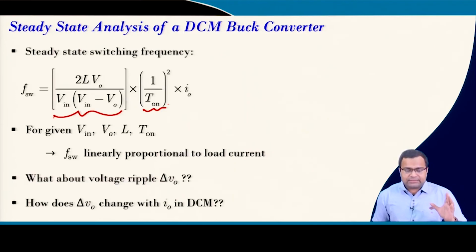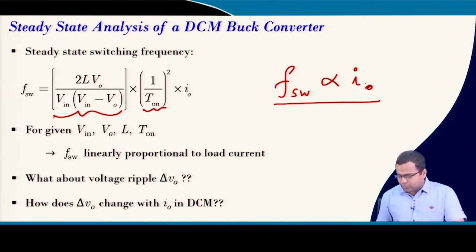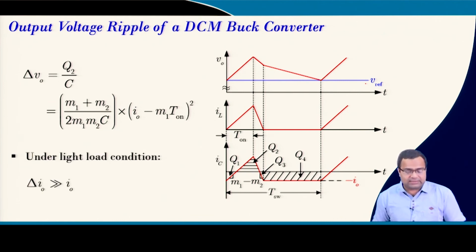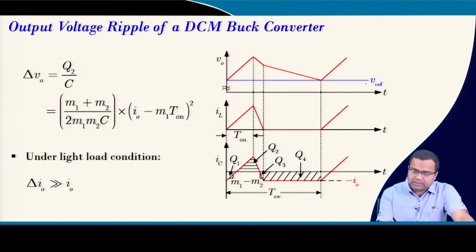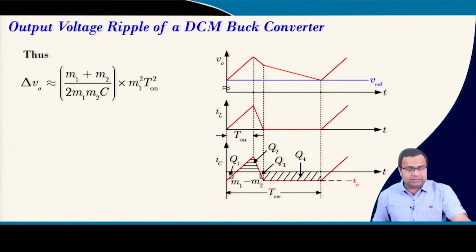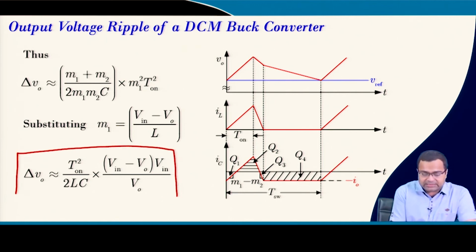Now, we identified that the switching frequency under discontinuous conduction mode is proportional to load current under constant on time control. What will happen with the output voltage? That means, if the load current changes and we keep the on time constant, how is it going to affect the output voltage? Under light load condition, the current ripple may be much higher than the average inductor current, and with this assumption, it can be shown that the output voltage ripple can be approximated by this expression.